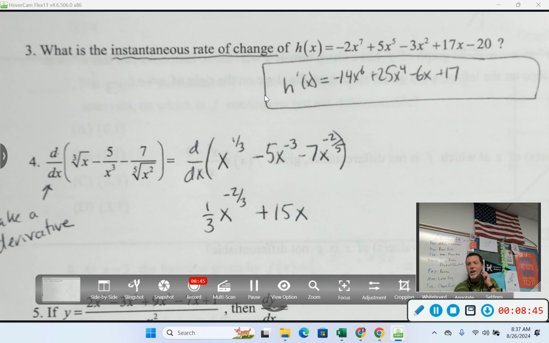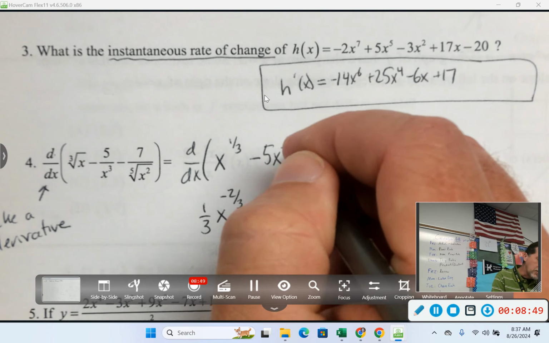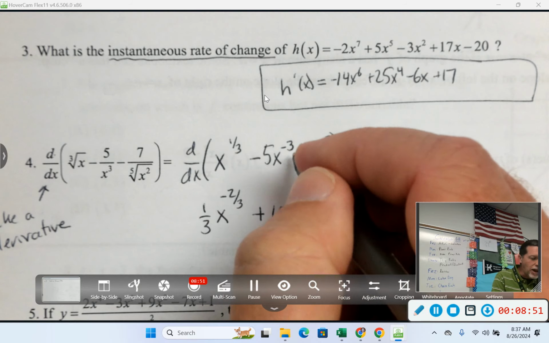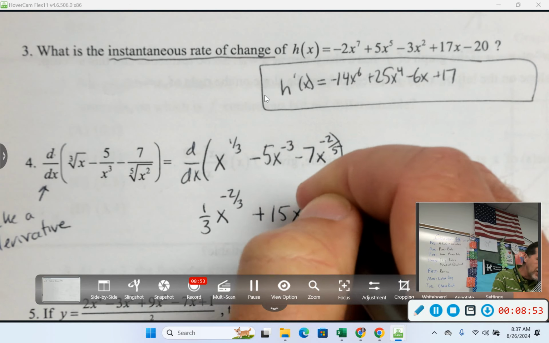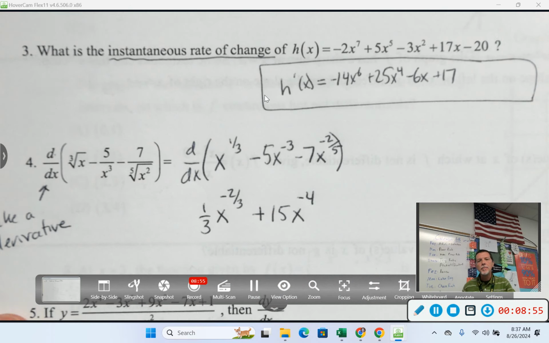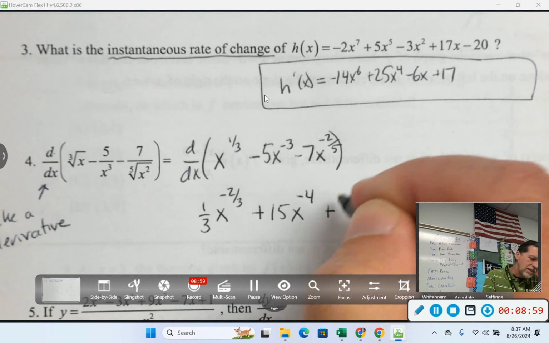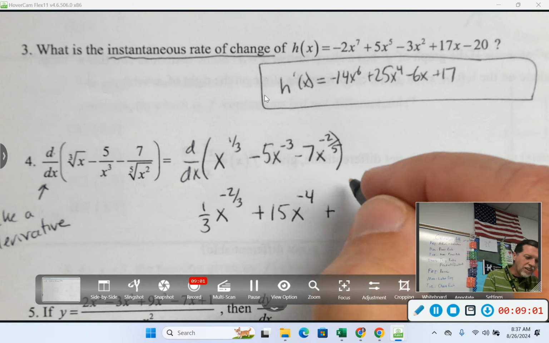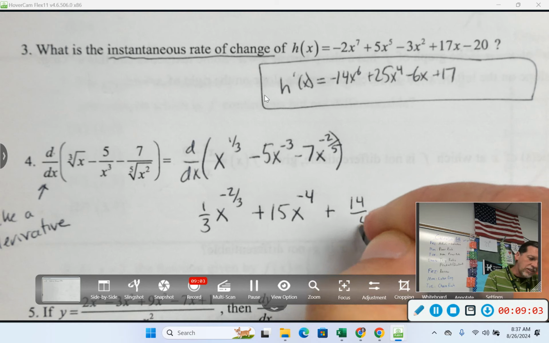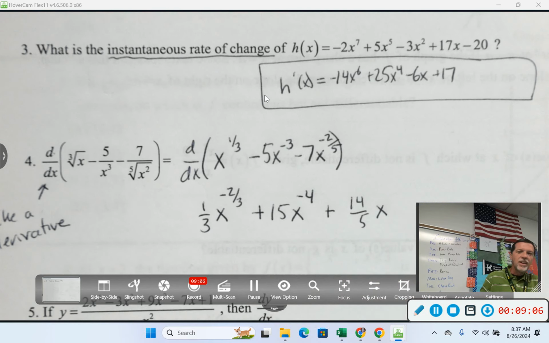Negative 4, although be careful, plenty of people will put negative 2 there. They think, oh, just make the number go down. I mean, that's right, make the number go down, but if you're negative, you get more negative. And then that last one, 7 times 2/5 would be 14/5. Negative 7/5.